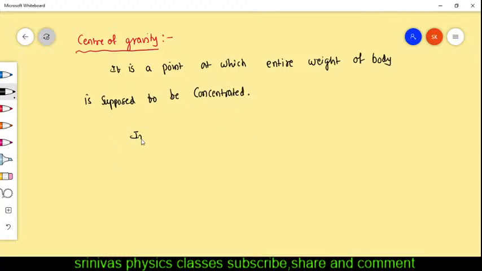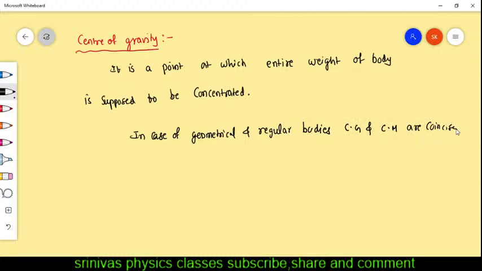In case of geometrical and regular bodies, center of gravity and center of mass coincide.